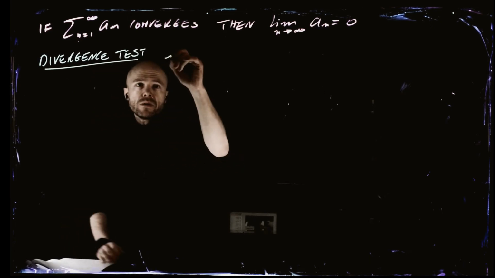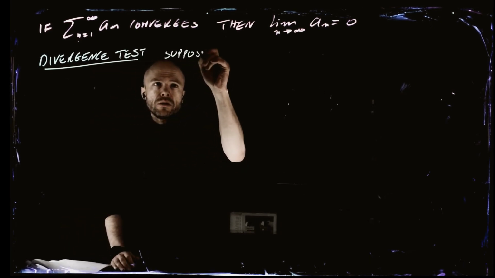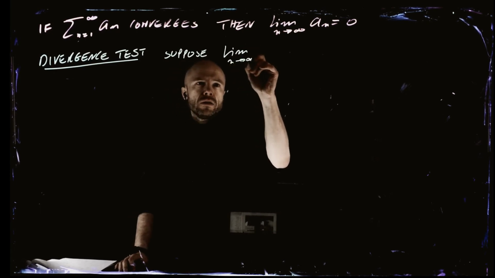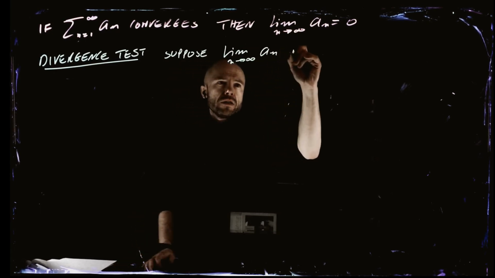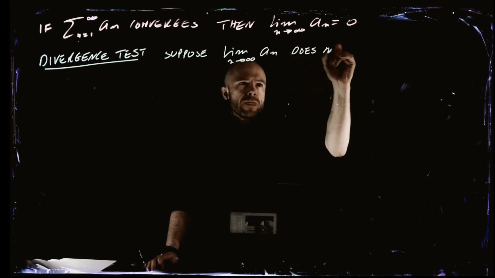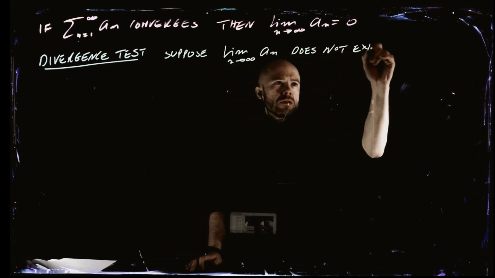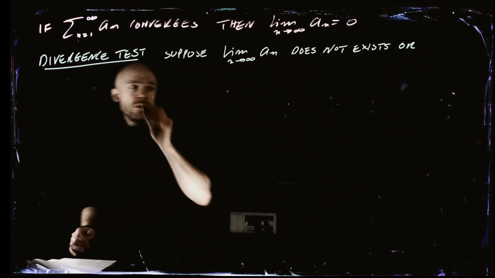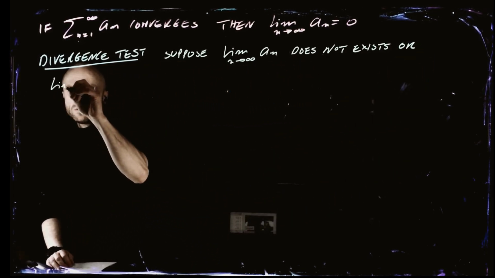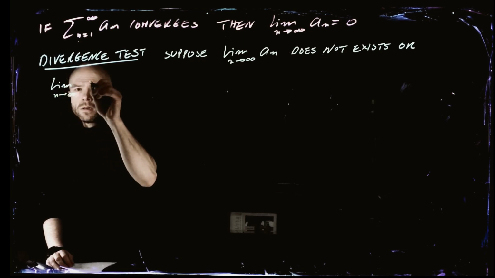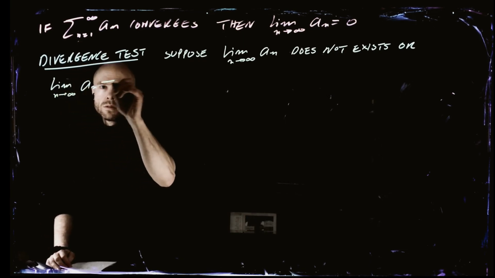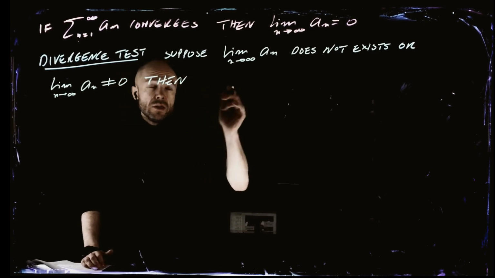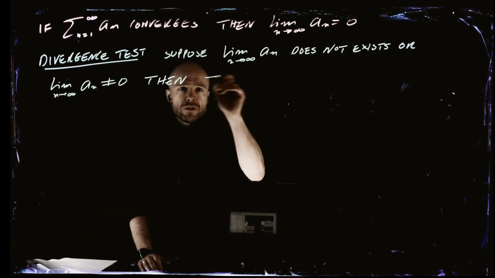Suppose the limit as n goes to infinity of a_n does not exist, or the limit is not equal to 0, then the series we create out of these terms does not converge.